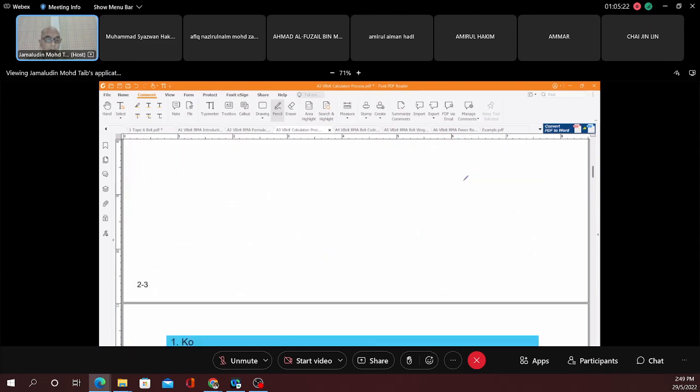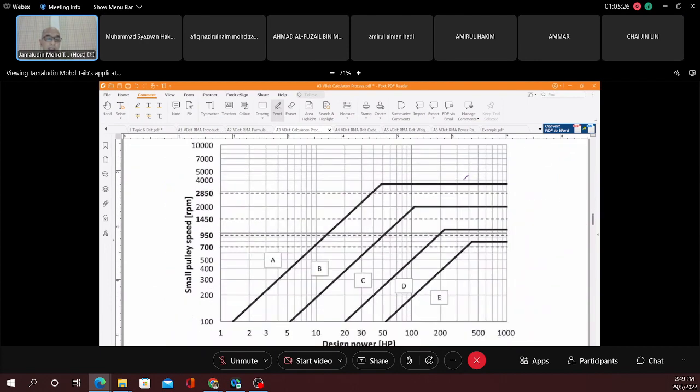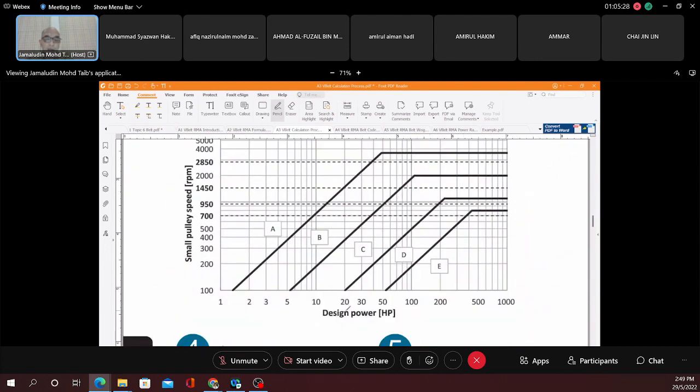Right, now we go for step 3. We have the power here. What we should do is choose the type of belt. For example, let's say I have 500 horsepower and it runs at 200 RPM, then I can choose E type of belt.